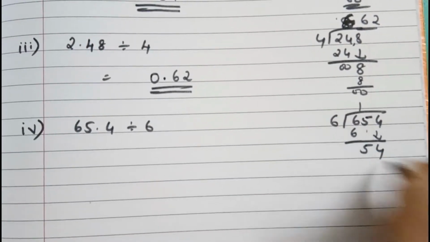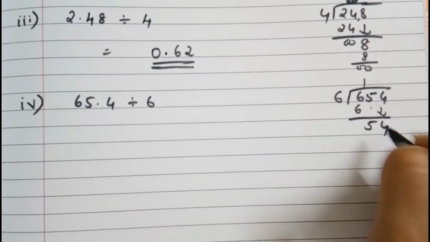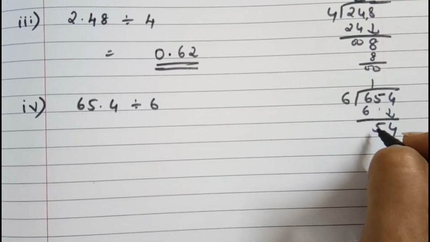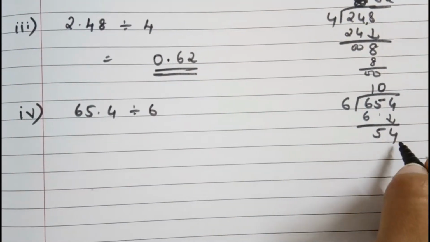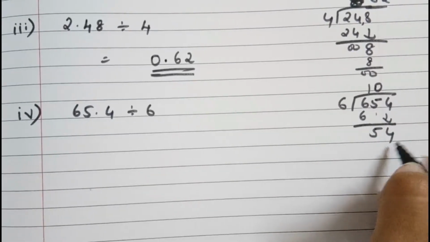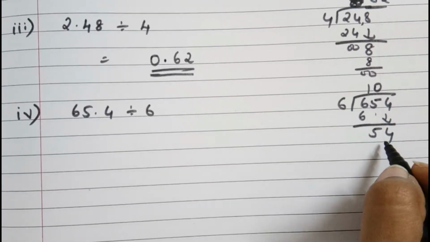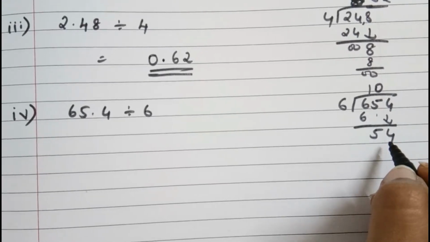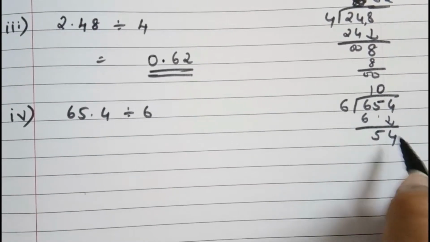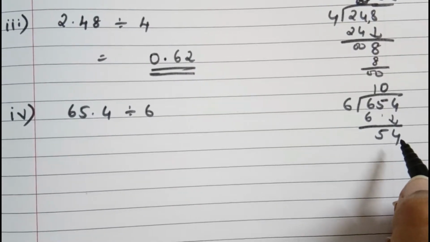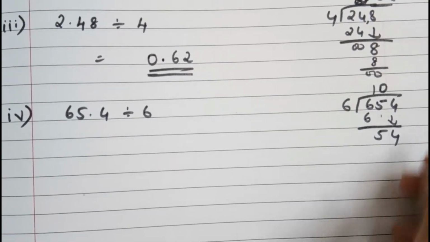We bring down 4. Since this number was not going, we put a 0 in the answer, and then it gets the permission to bring down the 4. Now see how many times 6 will go in 54. By calculation we'll say 9 sixes are 54.